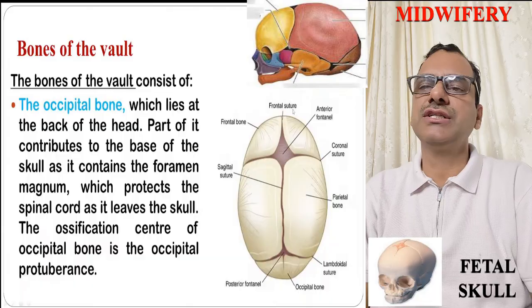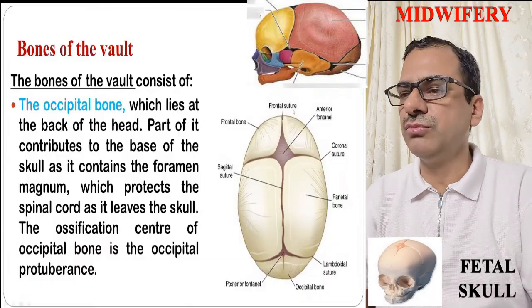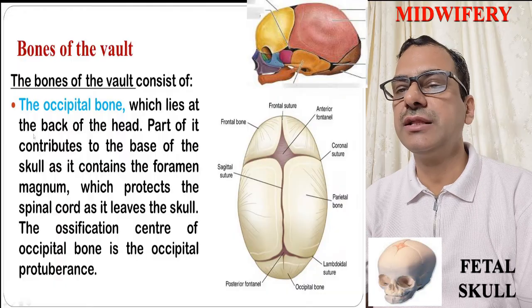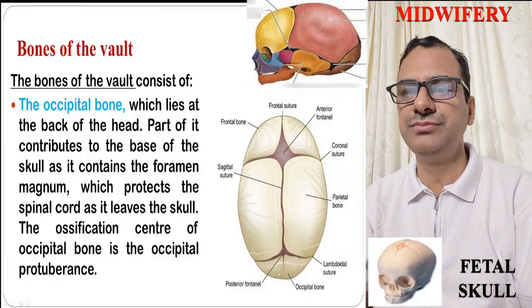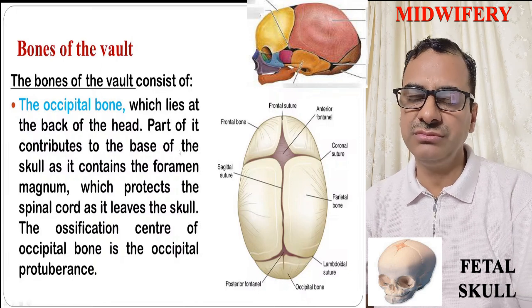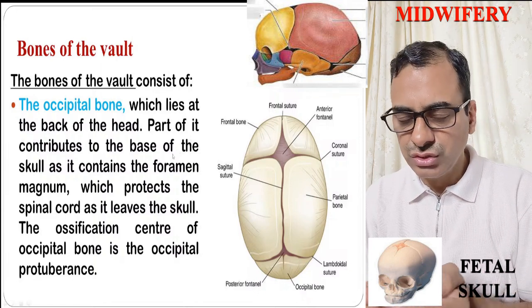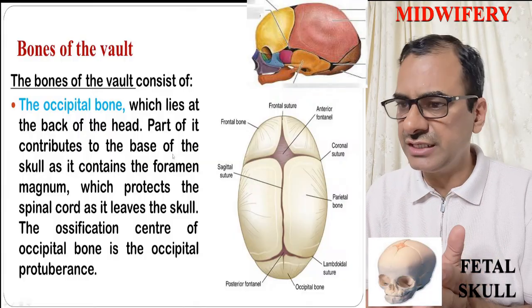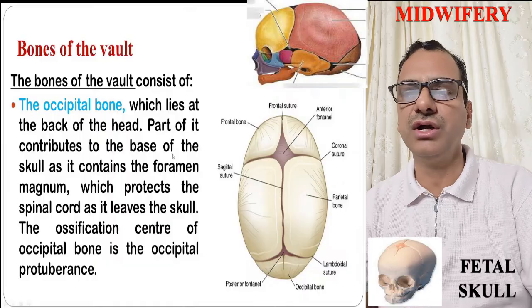The bones of vault consist of, number 1, occipital bone posteriorly, which lies at the back of the head. Part of it contributes to the base of the skull, meaning some part lies below, from the base, and then it forms the part of vault.